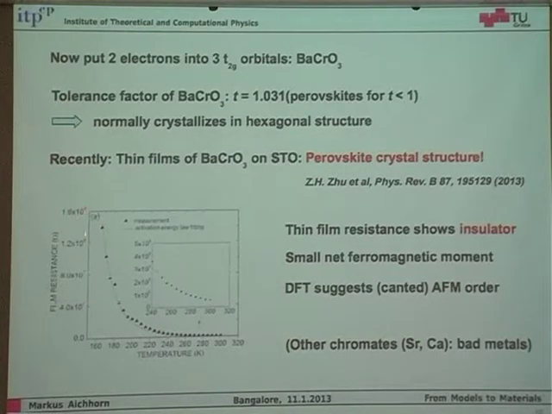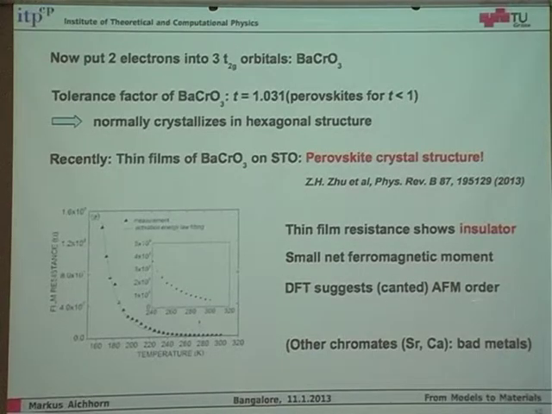So this is the resistivity as a function of temperature, and you see nicely that it goes up for low temperatures and kind of diverges at very low temperatures. So this is insulating behavior. There were calculations in DFT which suggest that it's antiferromagnetic but slightly canted, so you get a small net ferromagnetic moment.